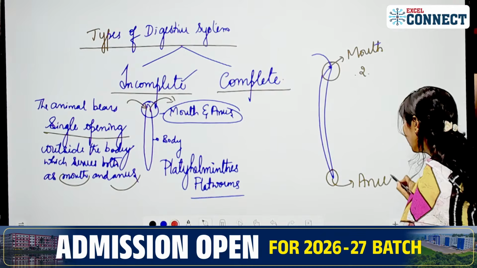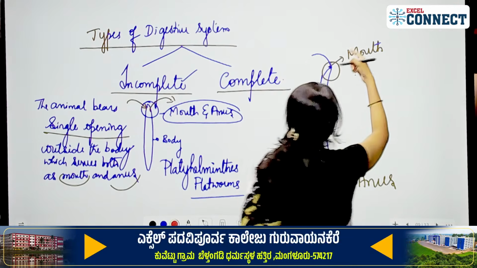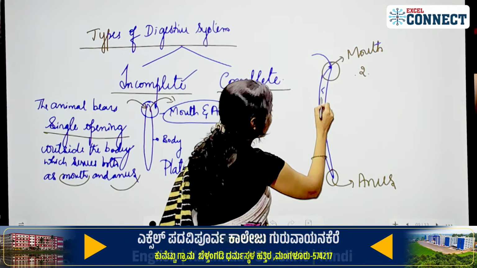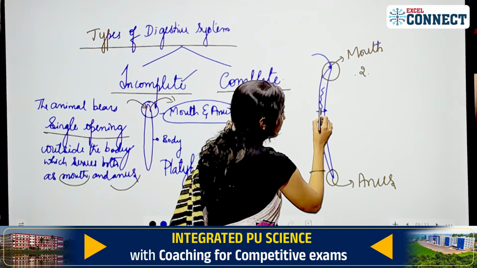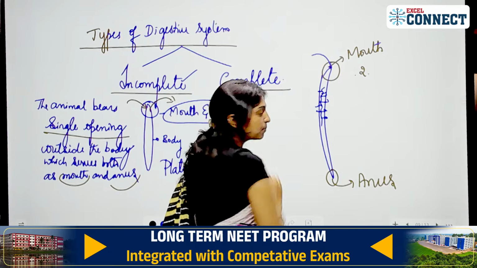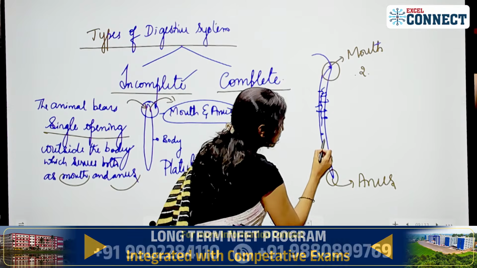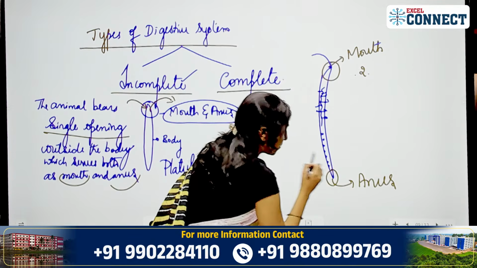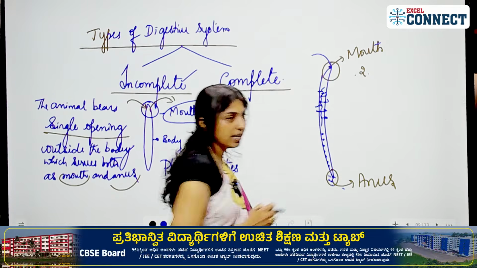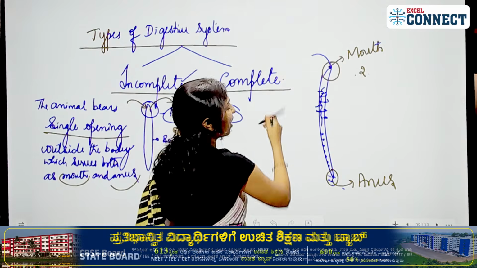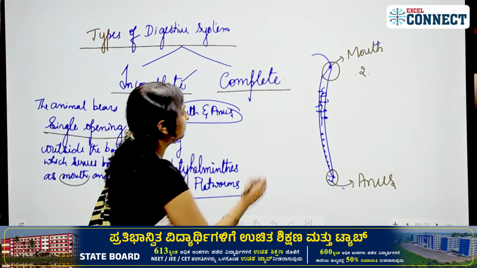So here you can see the food enters the mouth. It gets digested here. Whatever is required will be absorbed by the body. The waste which is present has to be eliminated by the body through the anus. So how can you define complete digestive system?